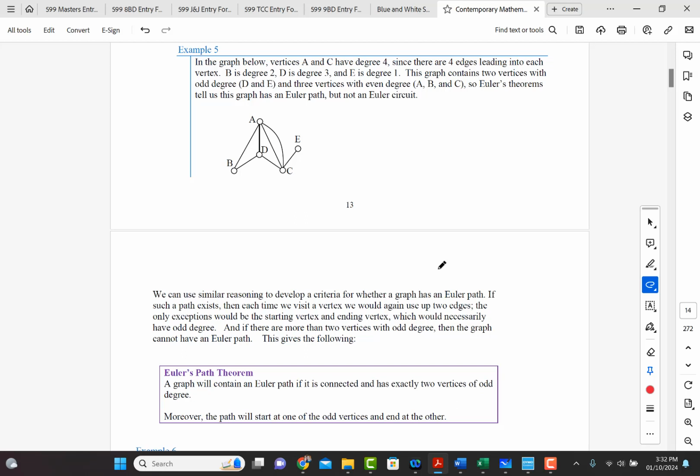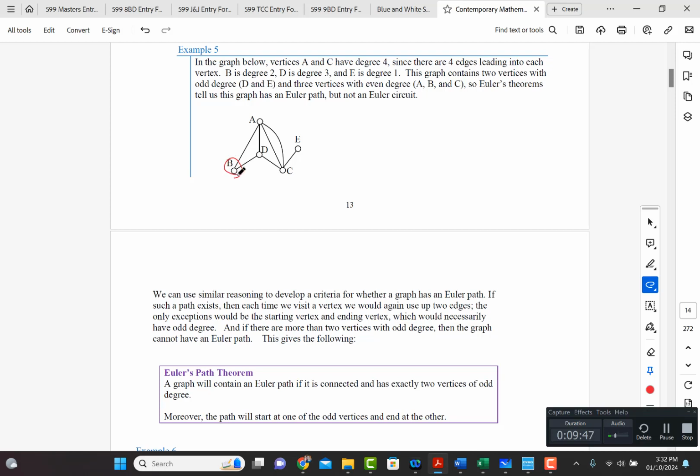So now let's look at example 5. It says, in the graph below, vertices A and C have degree 4. So let's just go through them, right?